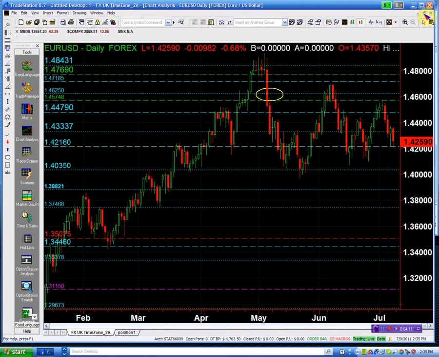I like it when it sets up like this, because we have a structure point only about 30 pips away, which is the 142.16.